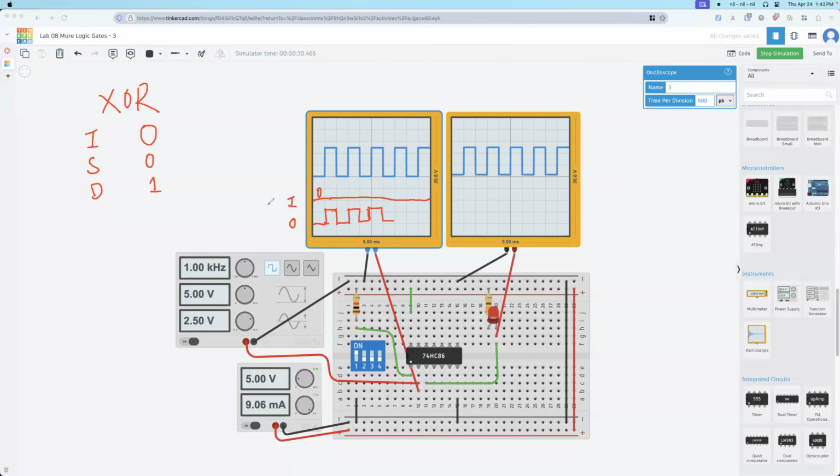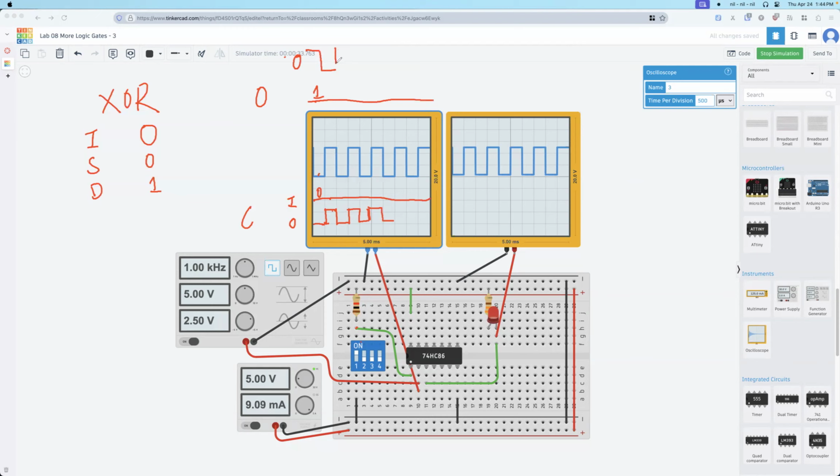Then if the switch, so now it is closed. If the switch is open, so let me draw here. Then this is the 1. The input is 1, right? Okay. Then for the output, so now 1 and 0, so different, so output is 1. Then 1 and 1, so inputs are the same, so 0.